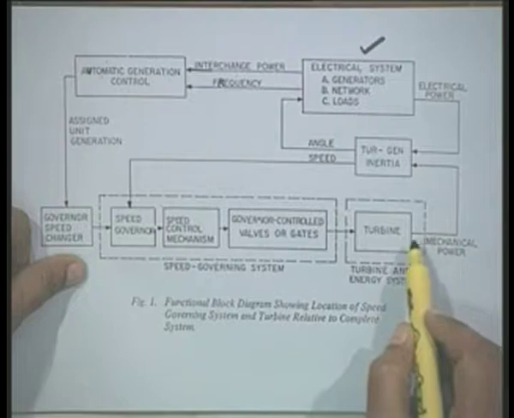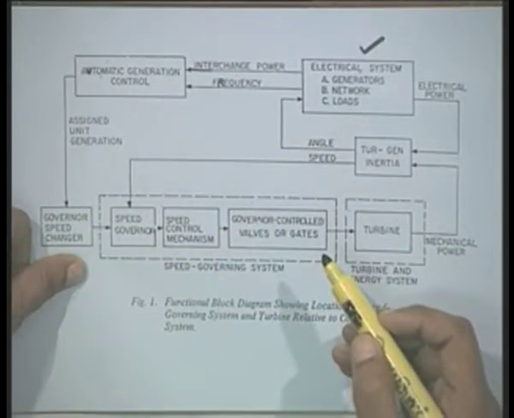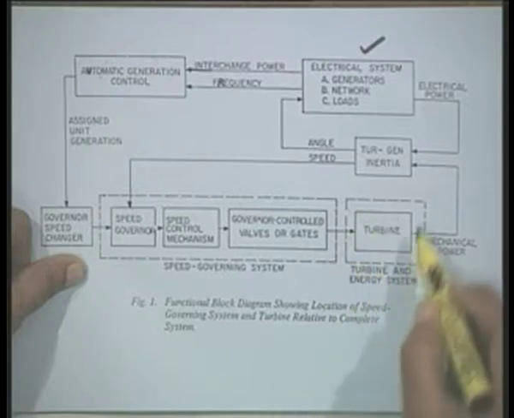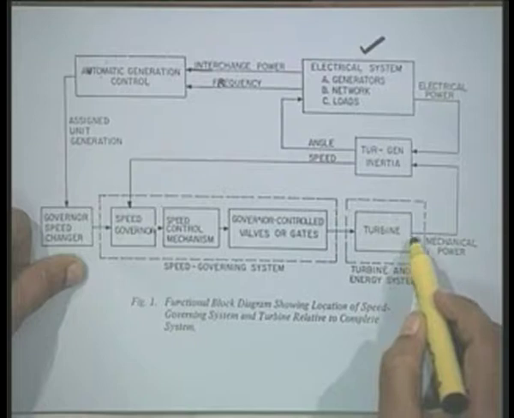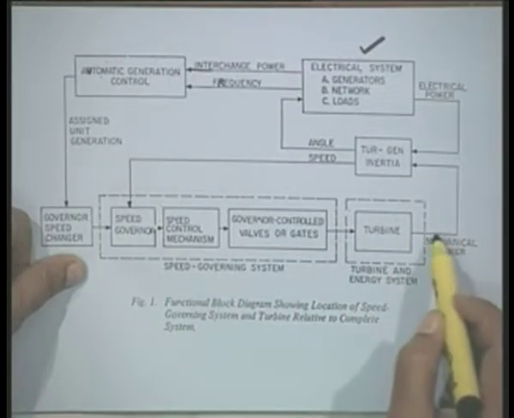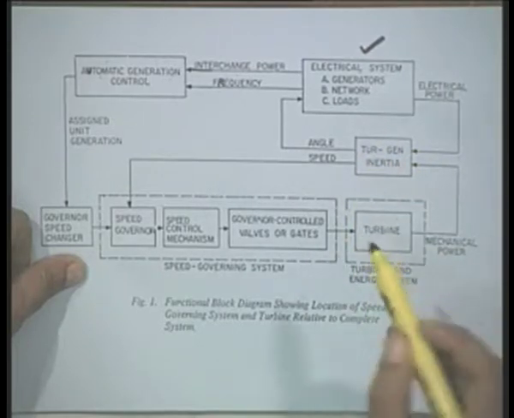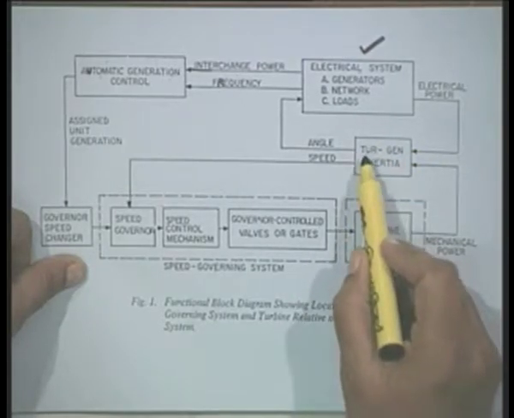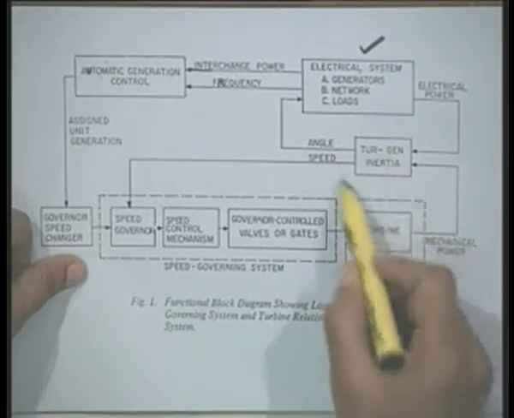Now, for representing the system dynamic model, what we do is that we will represent the turbine separately, and then the output from the turbine will be represented as a mechanical power output, and this mechanical power output will be used to write the swing equation. That is, we will separate the turbine generator inertia and write the swing equation.